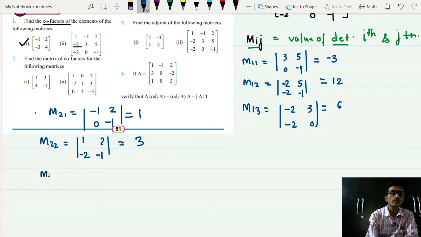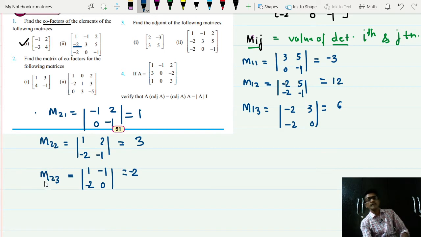Then M23 is equal to what? The value of the determinant for second row and third column: 1, minus 1, minus 2, 0. The expansion will be minus 2. So we found M21, M22 and M23.